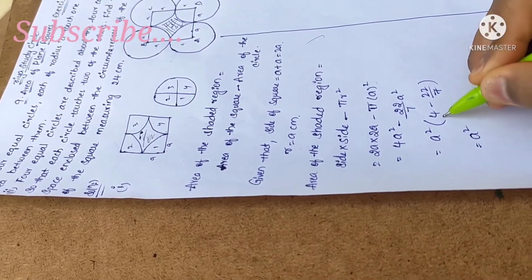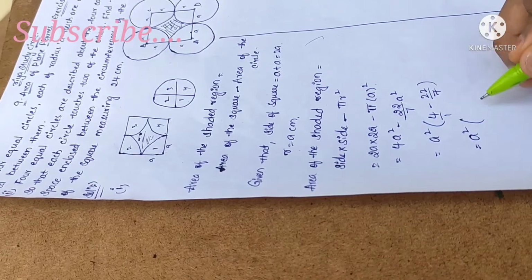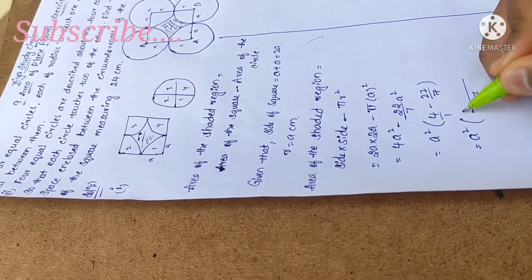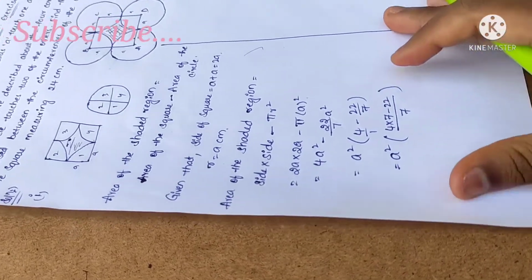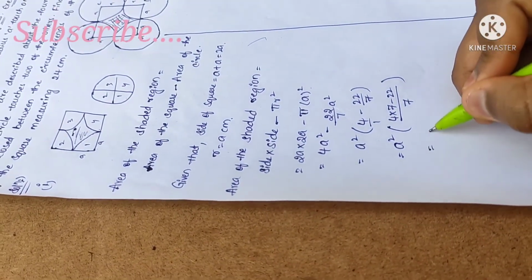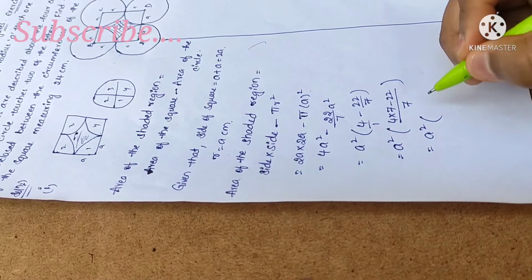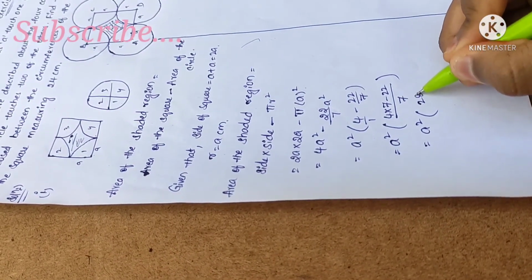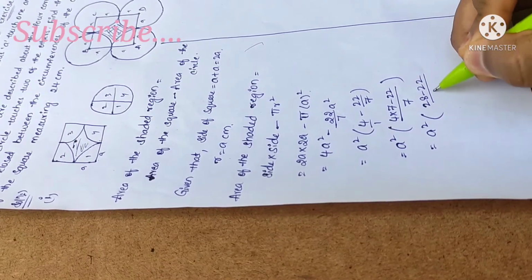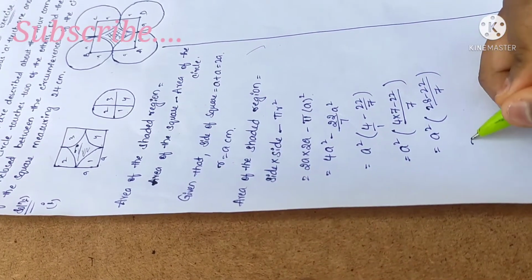From these two we can take a square common, then we get 4 minus 22 by 7. Next step is a square into, now we can do the LCM. Here the LCM is 7, so 4 into 7 minus 22 by 7. Next, a square into 4 7s are 28 minus 22 by 7.